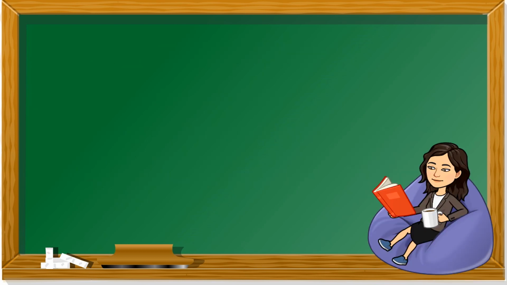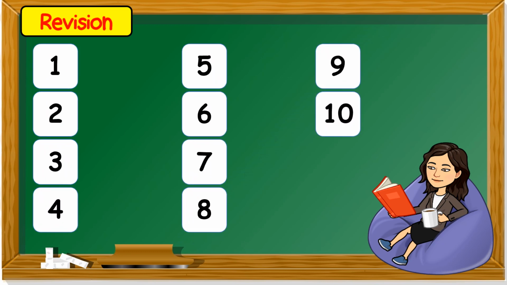Before we go to the lesson in Year 2, let's revise some of the numbers that you have learned in Year 1. Do you recognize these 10 numbers? The first one is 1.